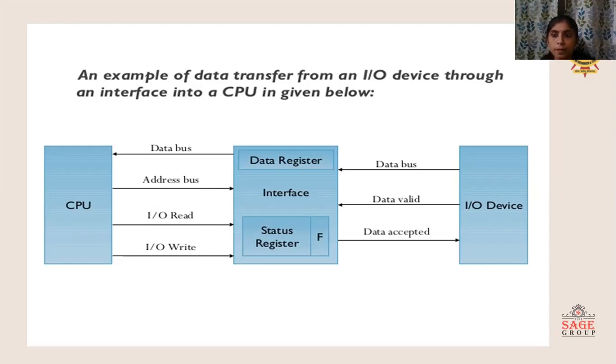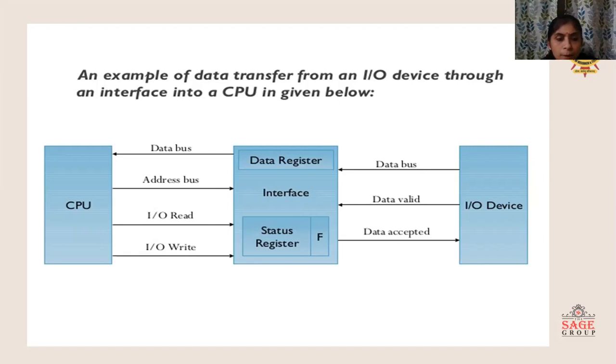When the data is received by the interface, it will give the reply signal or feedback to the input output device that the data is accepted, by activating the data accepted line.